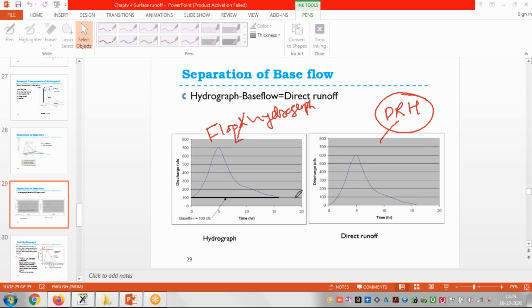The difference is this base flow. Actually, here they have not drawn it properly, it should come somewhere here. Anyway, the point is clear to you, right?